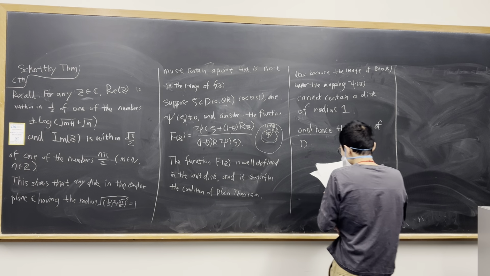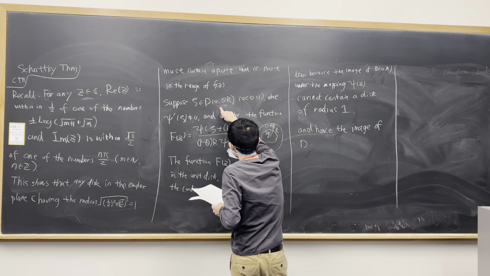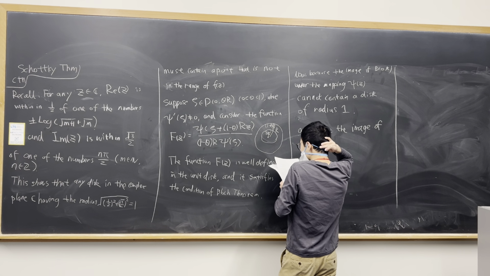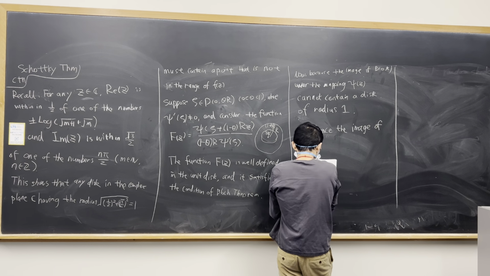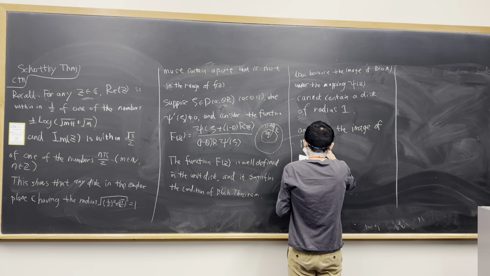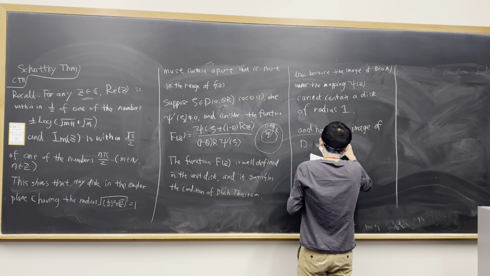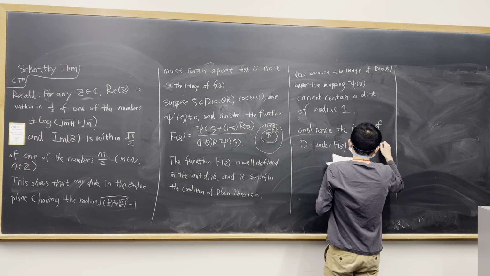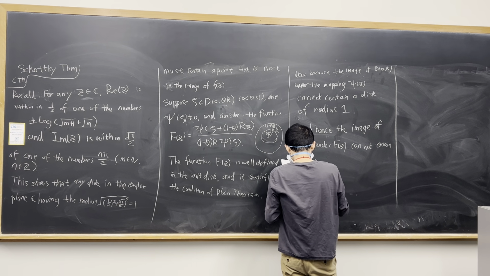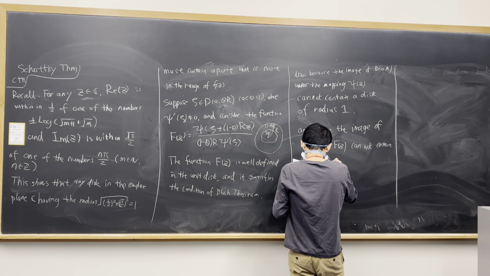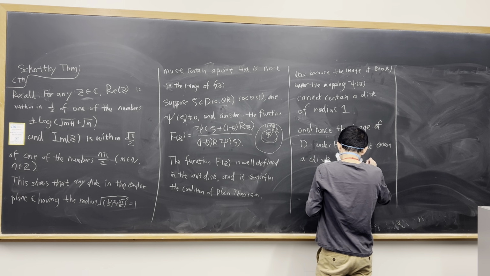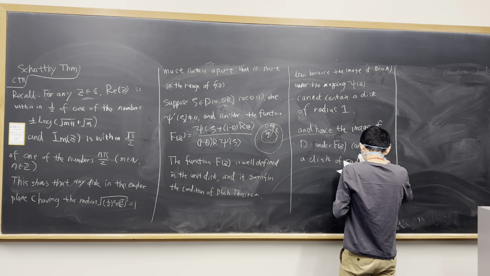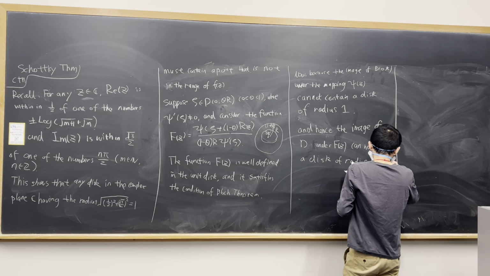I think this D is this D. Under f(z) cannot contain a disk of radius 1 over (1 minus theta r) phi prime.